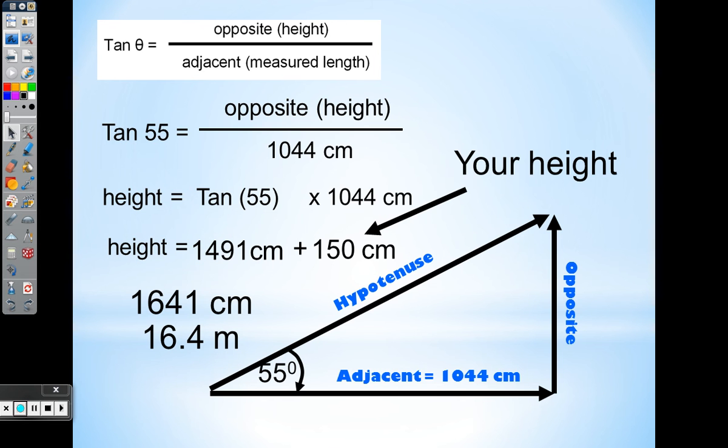Tangent of 55. You hit tangent first, right? And 55, close parentheses. Oh, there's no. Yeah, depending on your calculator, you do need to close the parentheses. It's just a good idea, guys, to close parentheses every time. Okay. So I got the wrong answer.